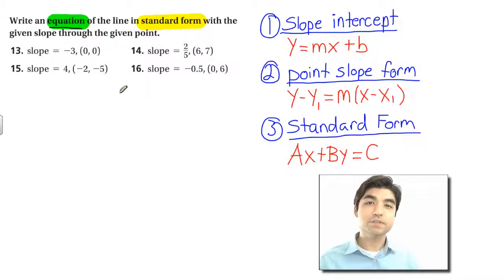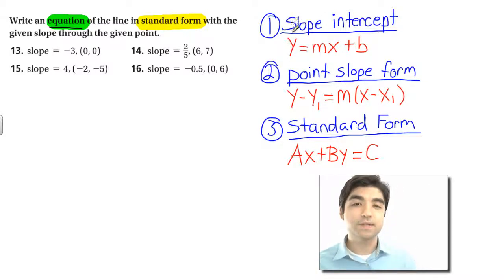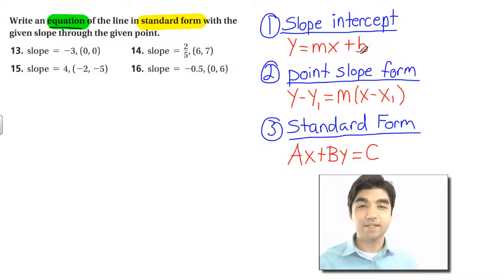Okay, so first of all, you need to know these three types of linear equations. You should probably write these on the note card if you don't have these memorized. The slope-intercept form is the first one, and that's in the form of y equals mx plus b. The m is the slope, and the b is the y-intercept.